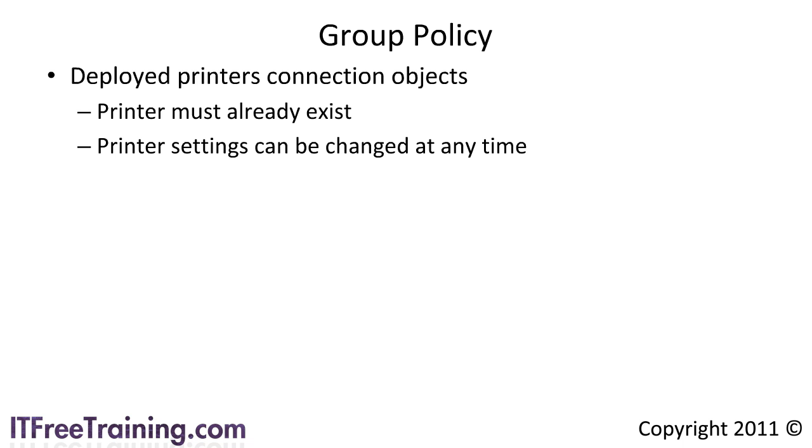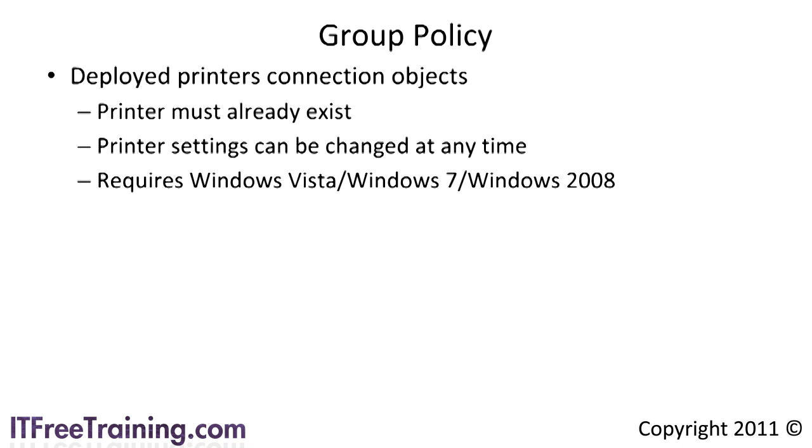Remember though, printer deployment via group policy requires Windows Vista, Windows 7, or Windows Server 2008. You also need to update the schema before you can deploy printers via group policy. If you are able to meet all these requirements, it is well worth the time deploying printers via group policy.